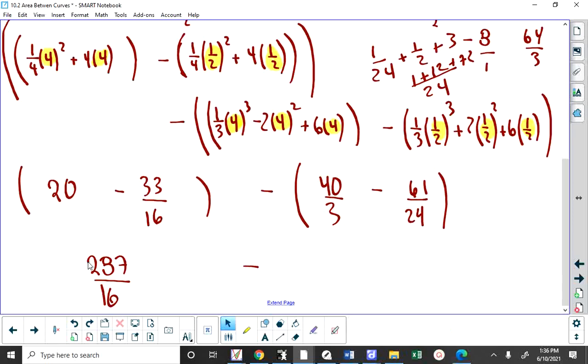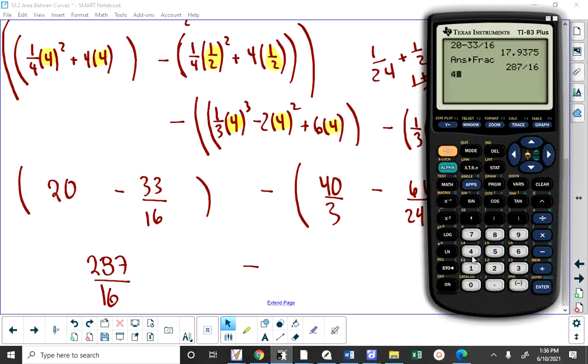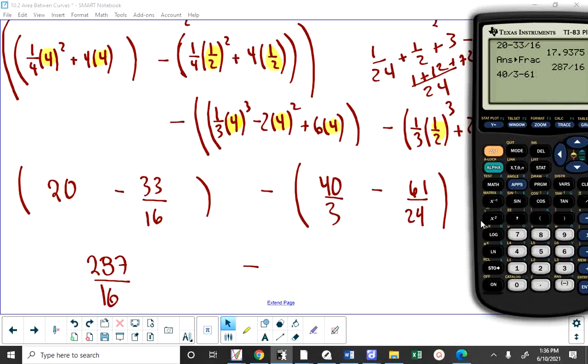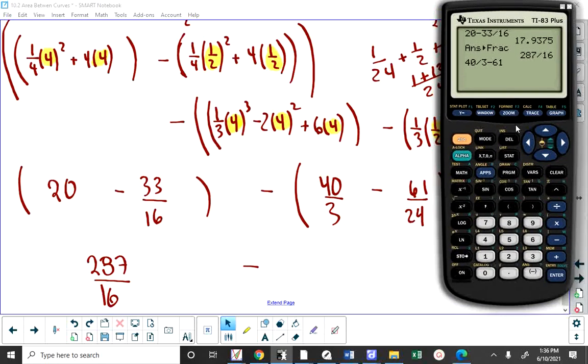Minus 40 over 3 minus 61. And I don't mistrust you, Cadbury, but can somebody else confirm 61 over 24? Okay, I just wanted a few people before I commit to it.